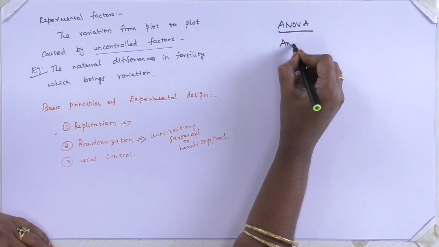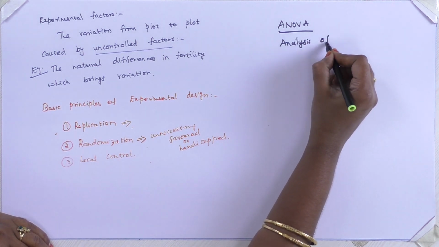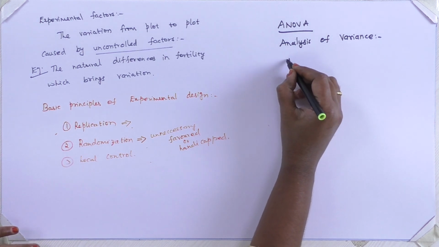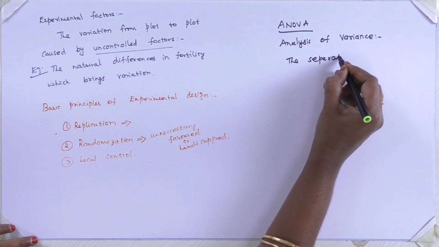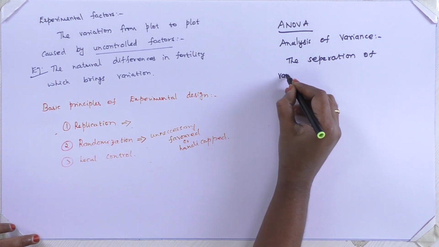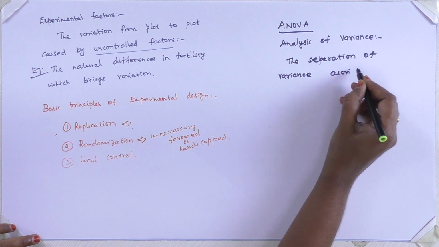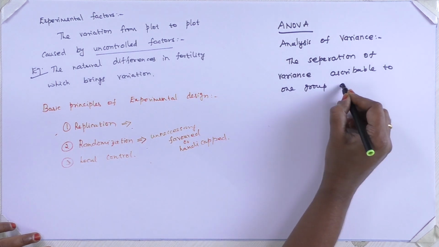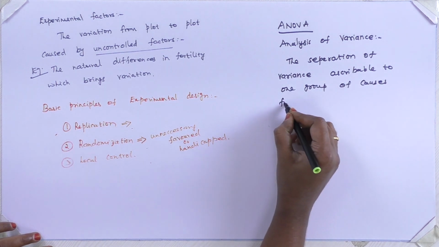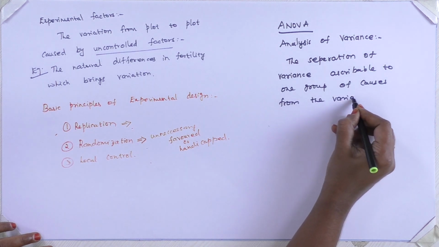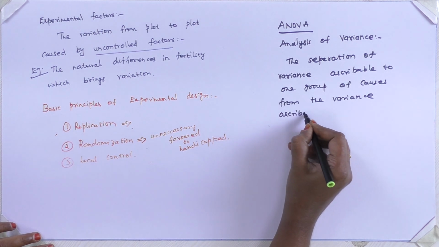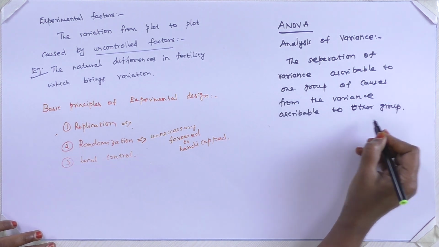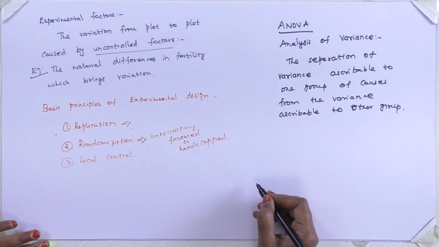ANOVA, that is analysis of variance, is the separation of variance ascribable to one group of causes from the variance ascribable to another group, which is called the analysis of variance, short form ANOVA.